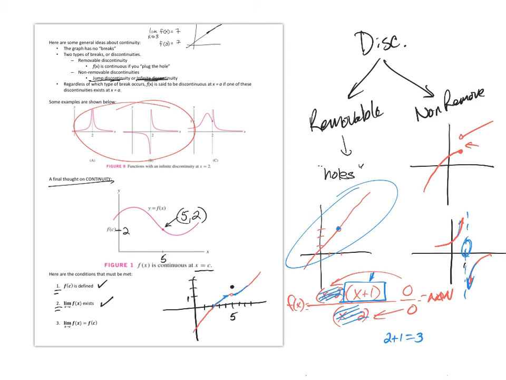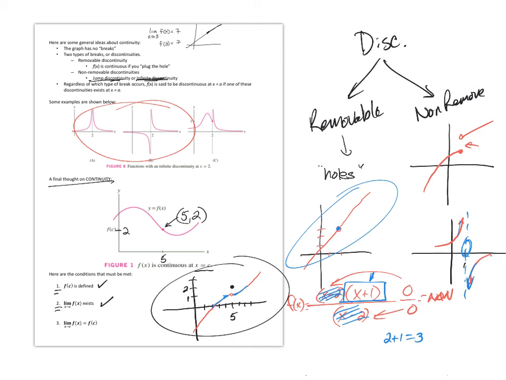But here's the problem. This function that I just drew is not continuous. It's pretty obvious. There's a break right at x equals 5. Well, what's wrong? I've met condition 1. I've got a y value there, right there. And I've met condition 2, that my limit exists. Looks like my limit is 1.